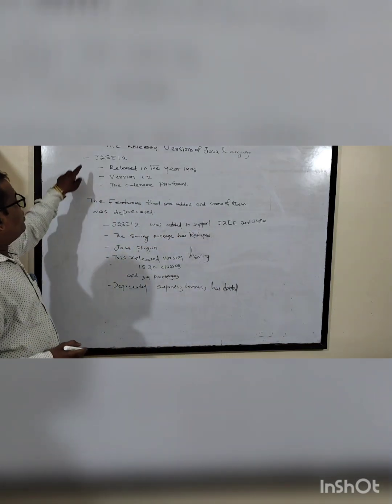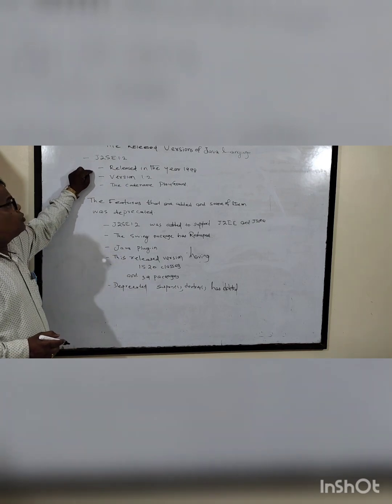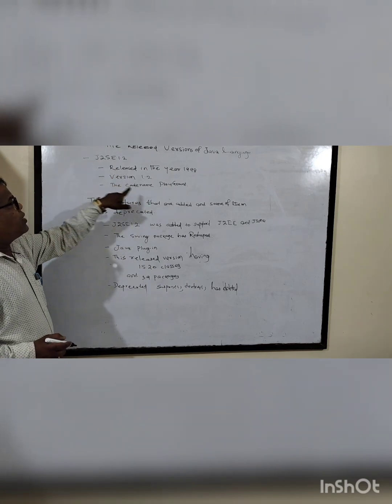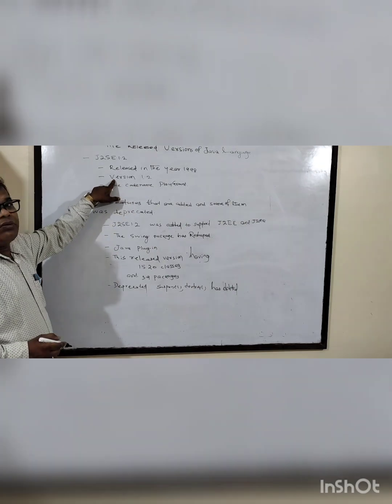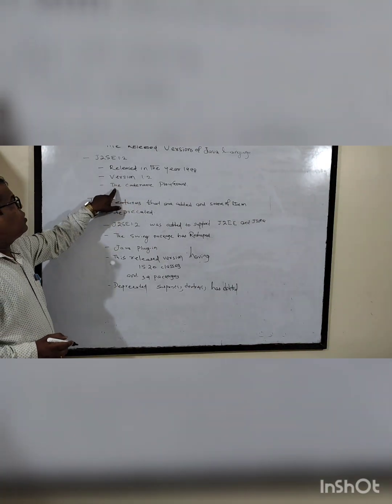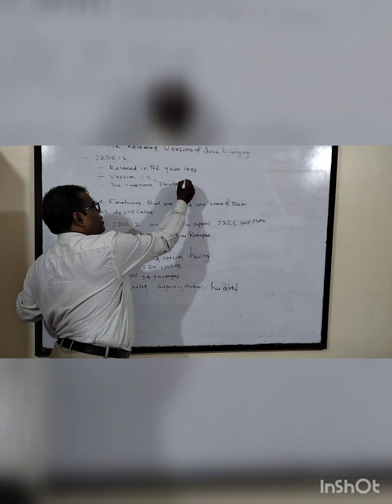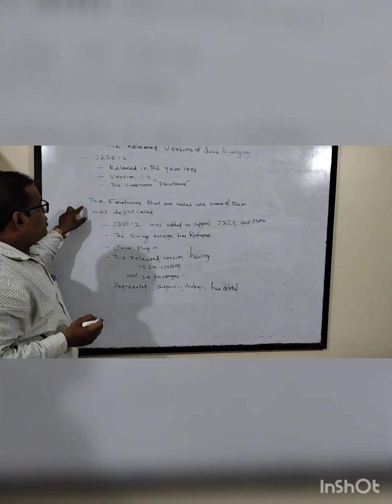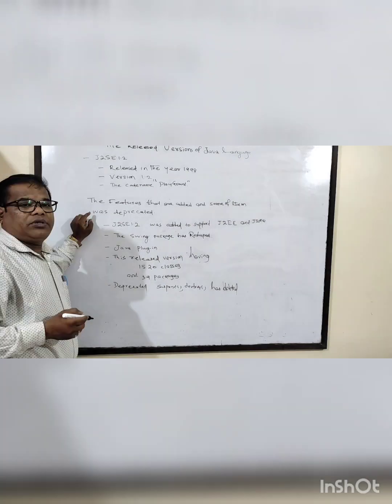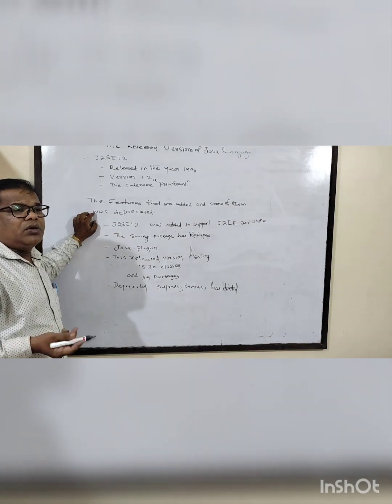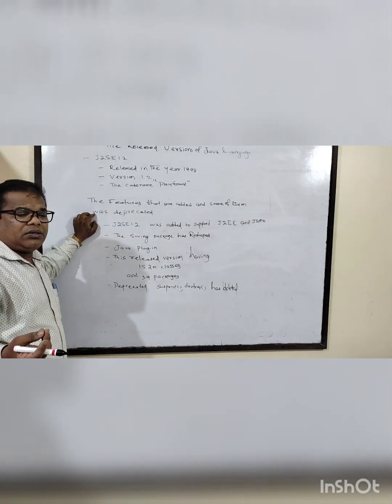Again I repeat, Java 2 Standard Edition 1.2, released in the year 1998. Version was 1.2, and the code name for this is called Playground. What is the code name here? It is called Playground. Several features have been added to this one. Some classes are added here.